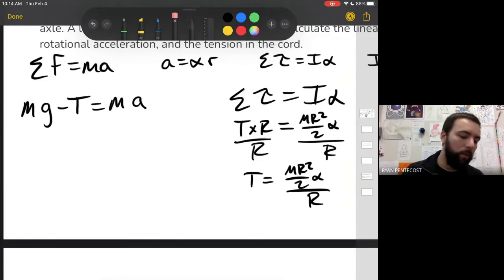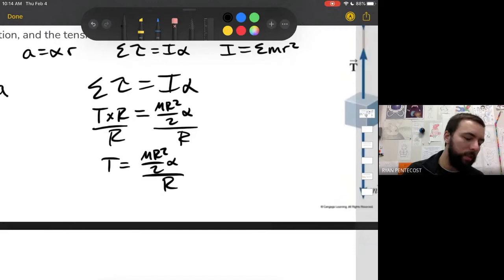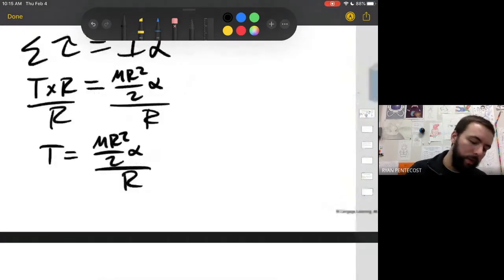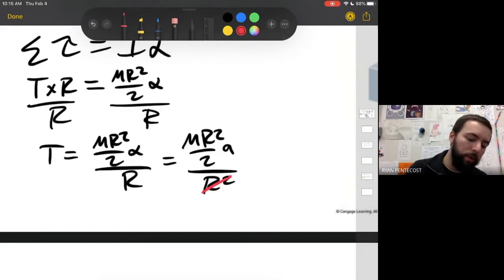So up here you can see that alpha is a divided by r. That means this is mr squared divided by 2, a divided by r squared, right? We're putting in an a divided by r. Now both of those r's cancel, and we have the fact that tension equals m over 2 times a.